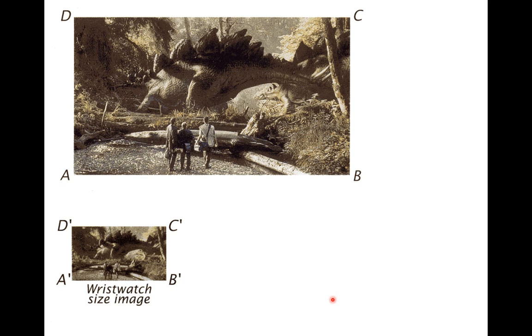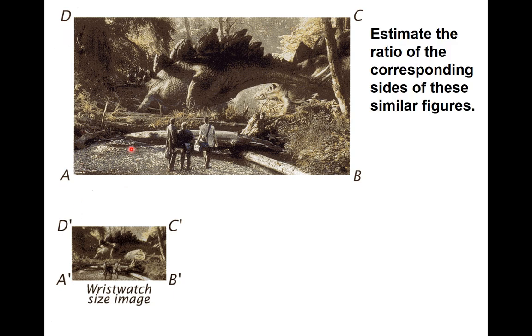So back to this picture. If you had to estimate, what do you think the ratio would be? The length to this length. What's your guess? And then the width to that width. So if you estimated them, what do you think? Got a guess? Anybody guess the ratio is 3 to 1? What does that mean?